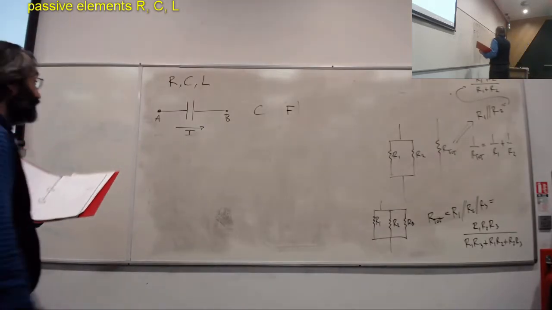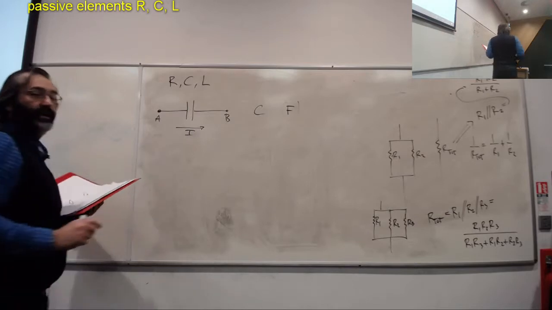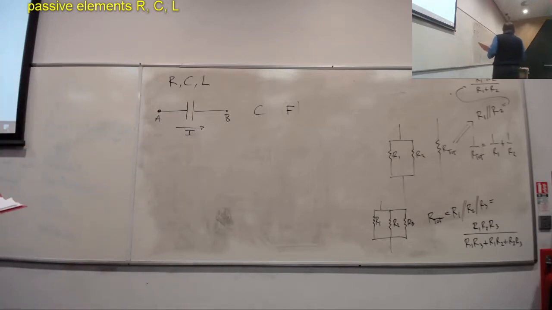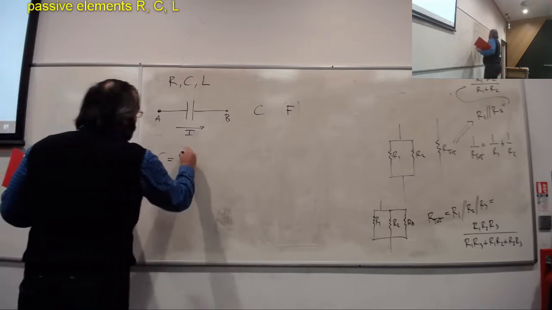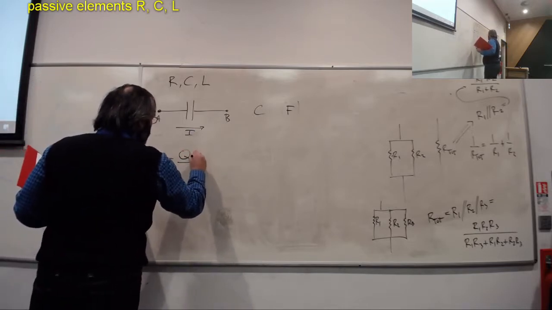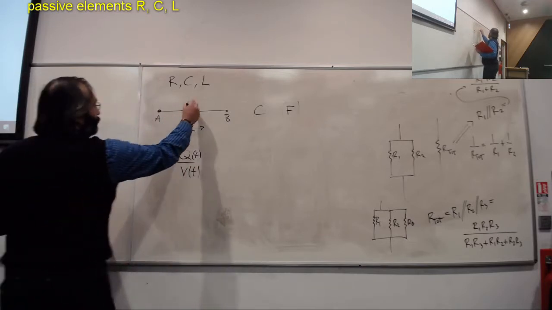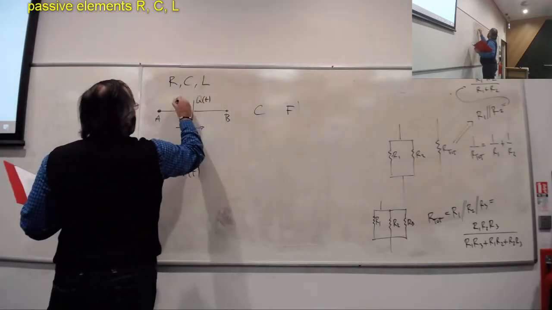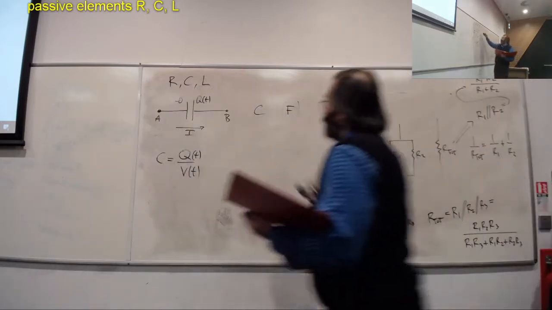The relation between current and voltage will come in a moment, but before that is the definition of capacitance, which is this one here. At any time t, Q at the plates, let me do it this way.